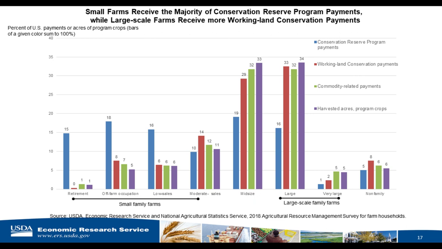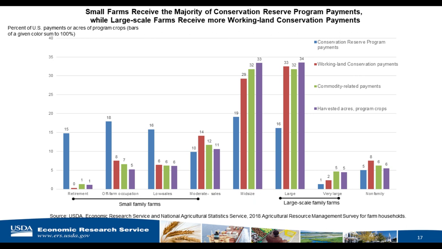And thus, each colored bar should sum up to 100%. So most payments from commodity-related and working land conservation programs go to these three groups: moderate sales, mid-size, and large farms. This represents 76% of working land and 72% of commodity-related payments.